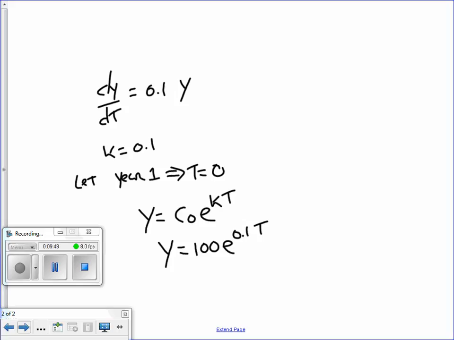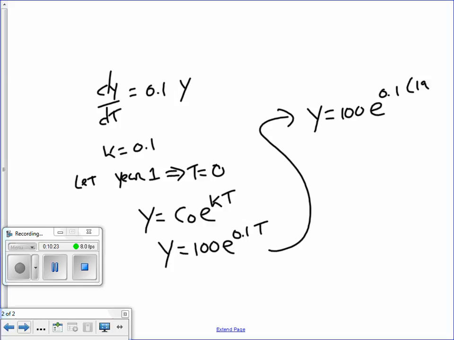Now I've got my model. Now I can answer the question. They want to know how many moose are there in year 20. So how many years have gone by? How many years is it between year 1 and 20? 19. So that gives me, the population is going to be 100 e to the 0.1 times 19.